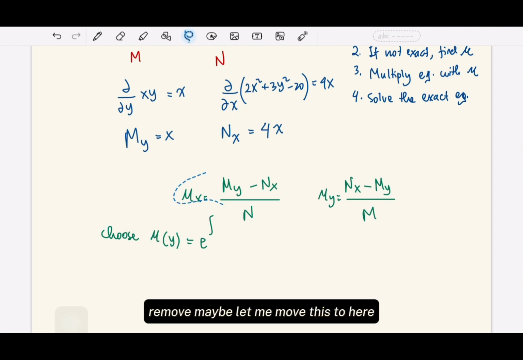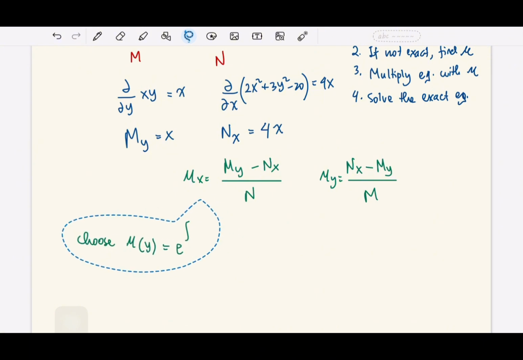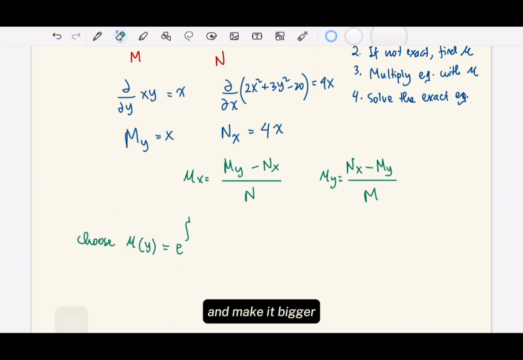Let me move this to here, a little bit to the left, and make it bigger.